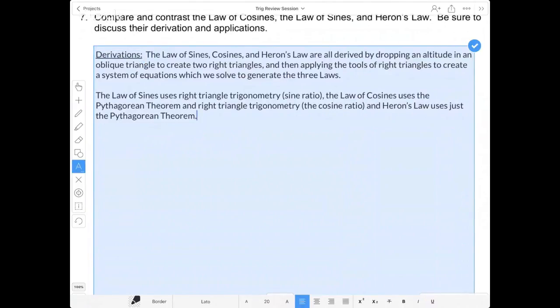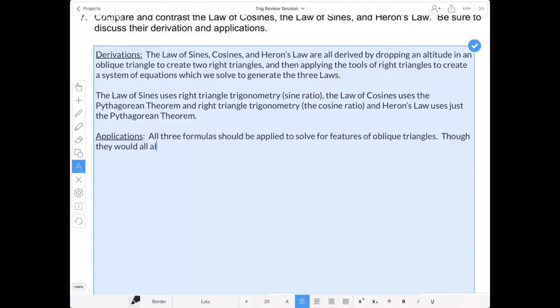Underline. Okay. Applications. All three formulas should be applied to solve for features of oblique triangles, though they would all also yield correct results in right triangles.